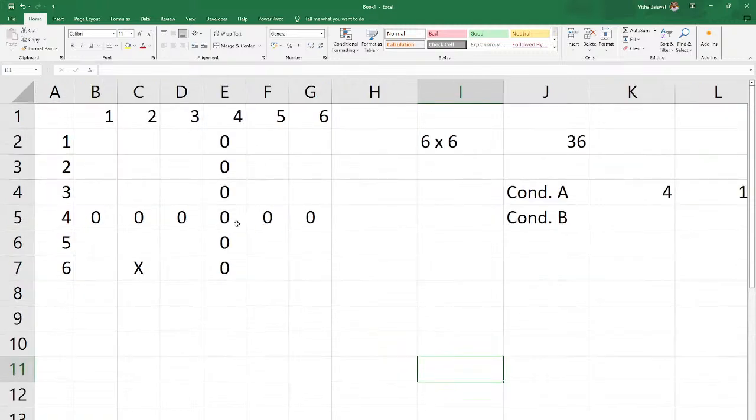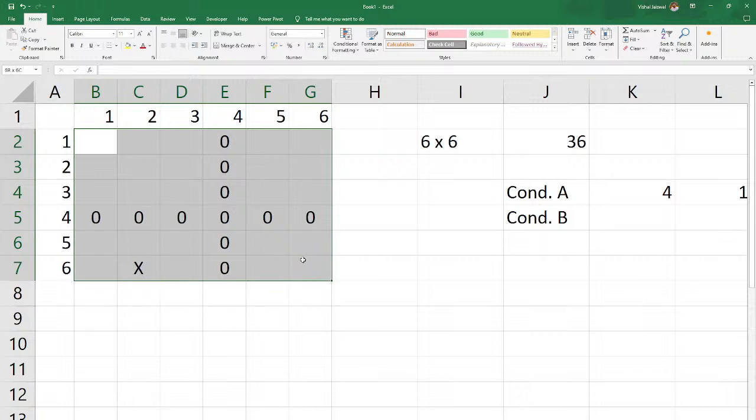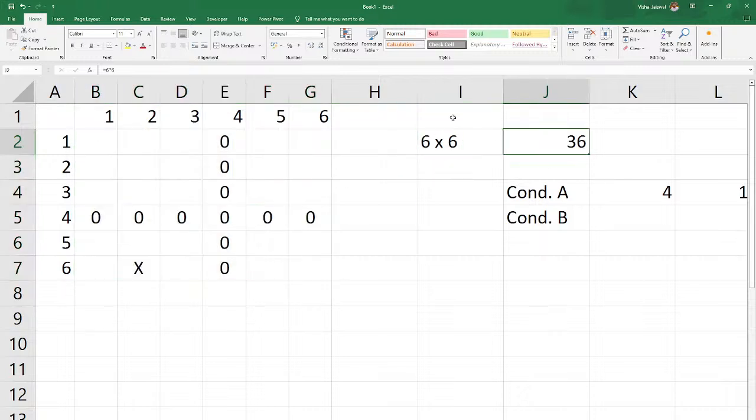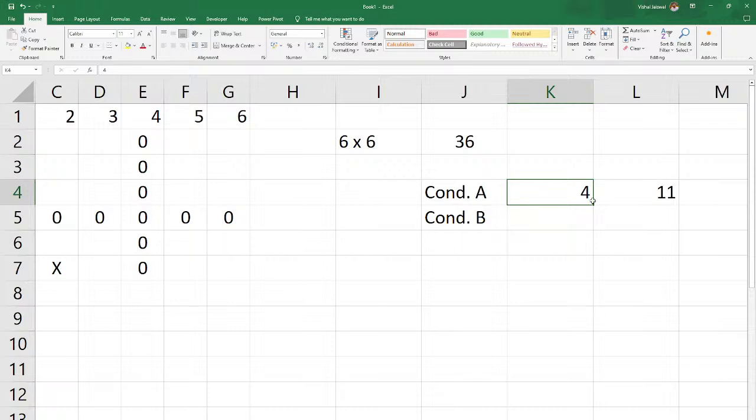This is what I'm talking about. There are 6 events, and if you multiply 6 by 6, it is going to be a total of 36 events. Out of which, how many events fulfill condition A, which is that there has to be a 4?